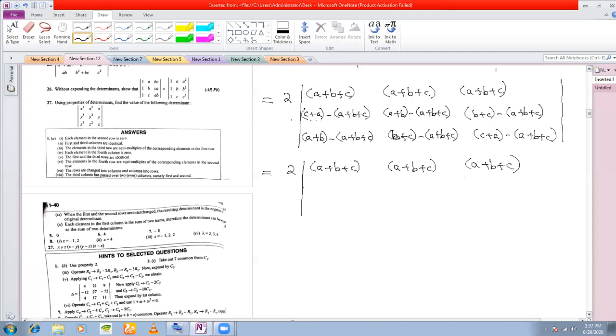And in the second row, c plus a, c and a both cancel, so you're only left with minus a. Here, you are left with only minus c. Here, you are left with only minus a. And here, in the third row, you are left with minus c. Here, it will be minus b, no?